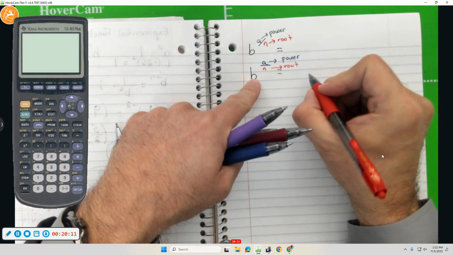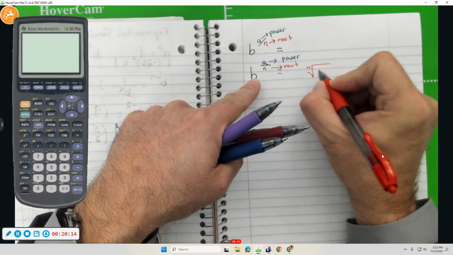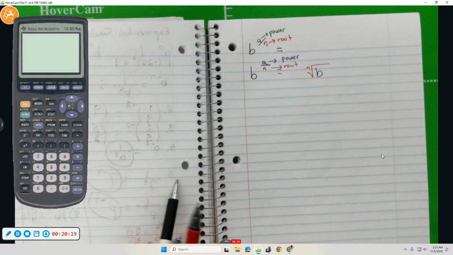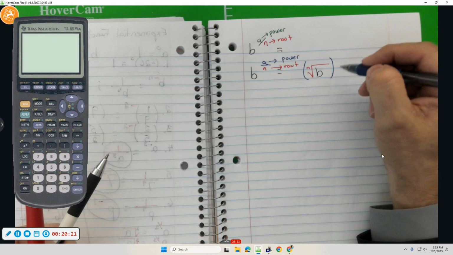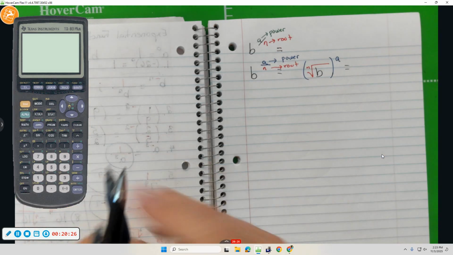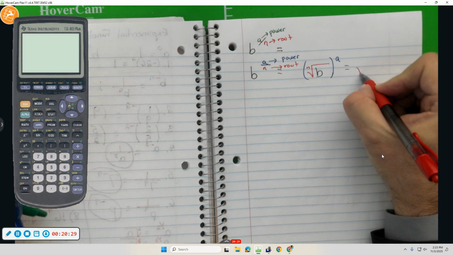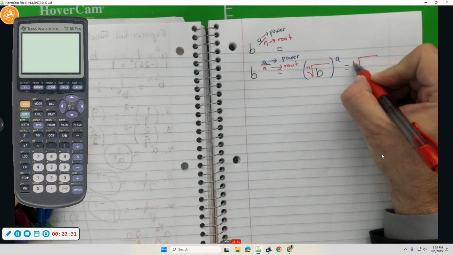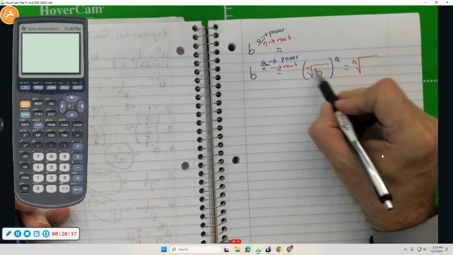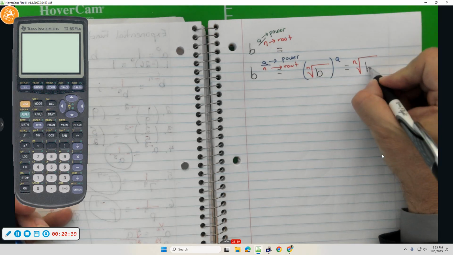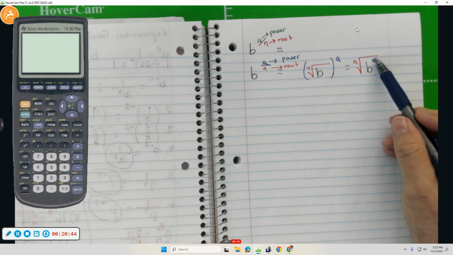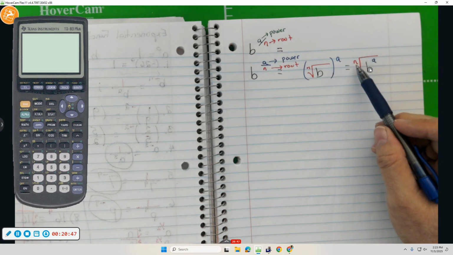You can go nth root of b, then raise it to the a power, or you could do the power and then the root. Usually, if you're using numbers here, it's easier to do the root and then the power so you don't get such large numbers. So you could have raised to the power and then take the root.